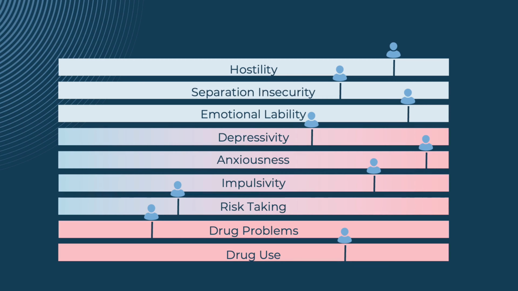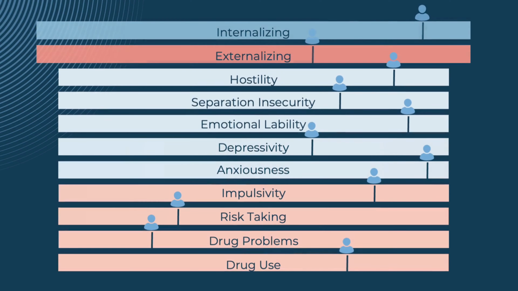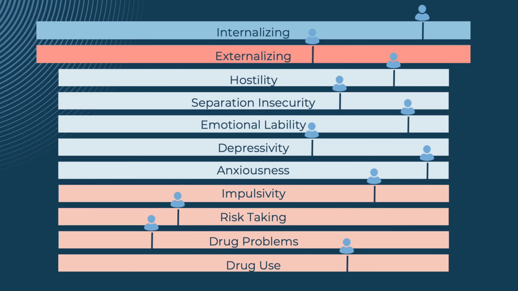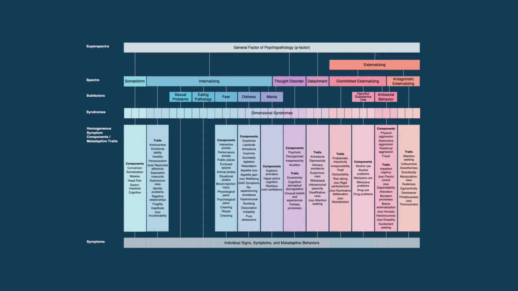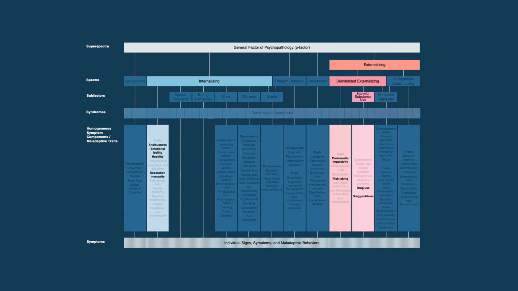Comorbidity also becomes a signal that can point to the transdiagnostic dimensions of interest, such as internalizing and externalizing spectra. The hierarchical framework means we can analyze our sample at different levels of resolution to disentangle which specific elements best predict relationship difficulties.